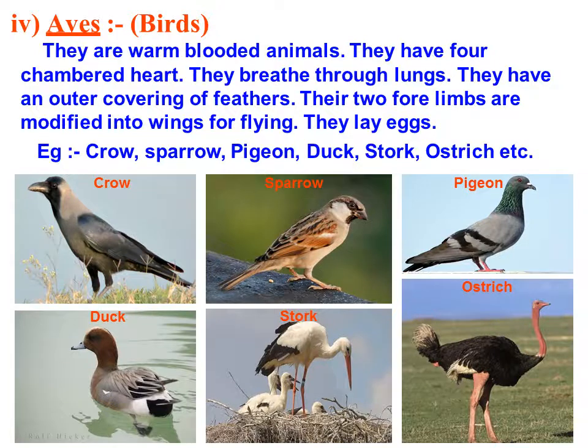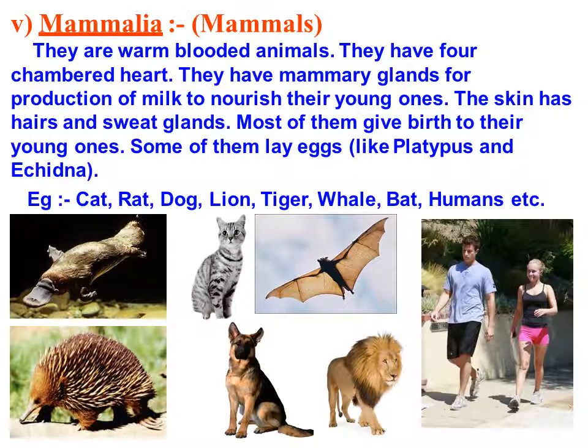Now let's move towards the last one, that is mammals, or Mammalia. They are warm-blooded animals, as in the case of Aves. They have a four-chambered heart. We also have a four-chambered heart. Even lions, tigers, elephants also have a four-chambered heart.